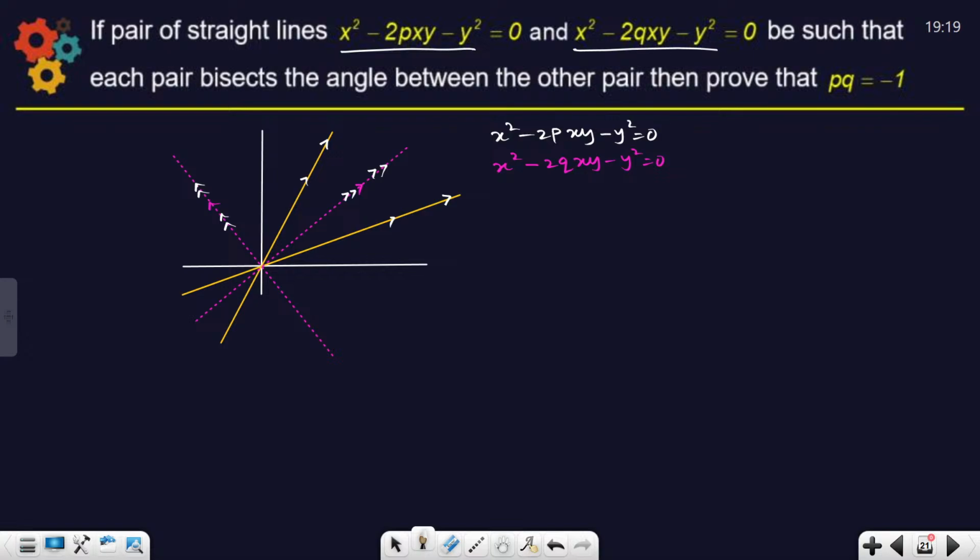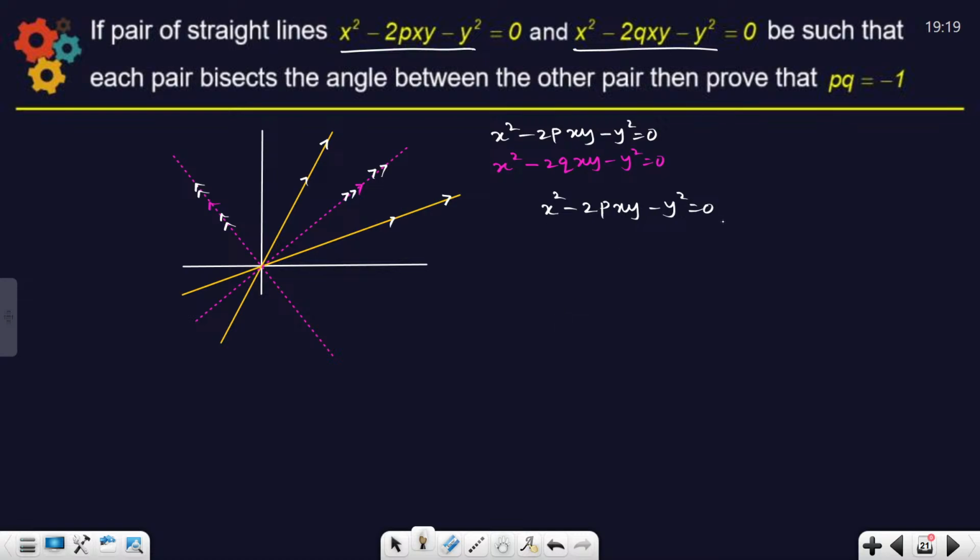So what is the way to approach this sum? I will simply take one pair of lines and find out the pair of angle bisectors of these given two lines. Let us consider the equation x square minus 2pxy minus y square is 0.